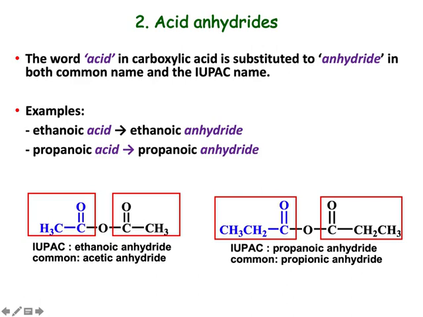Okay, number 2 is acid anhydride. For acid anhydride, the word acid in carboxylic acid we replace with anhydride. So example here, ethanoic acid is the IUPAC name for the carboxylic acid. Once this acyl group attaches to O and then attaches to another acyl group, the name becomes ethanoic anhydride.